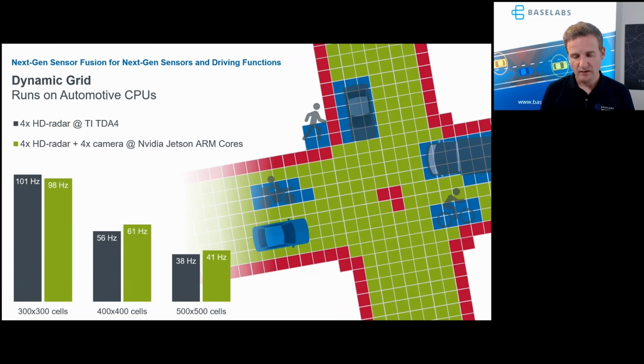Now you may wonder about the performance of such a system if we introduce particle filtering into the system. We did some tests on typical automotive CPUs, and we can tell that such a dynamic grid fusion runs in real time on typical automotive CPUs, or in other words, there is no GPU required for such an algorithm.